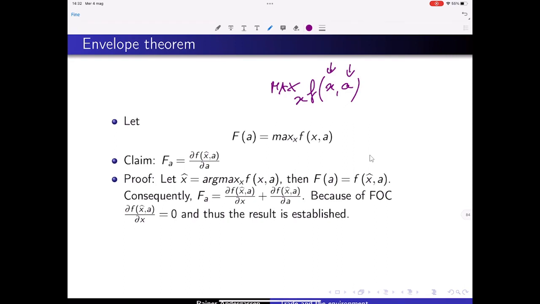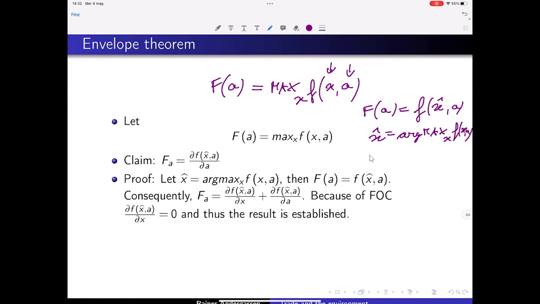As a result, I get F(a), which is just f of x hat, a, where x hat is the argument that maximizes f with respect to x.